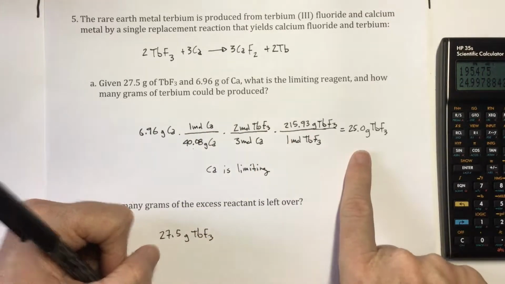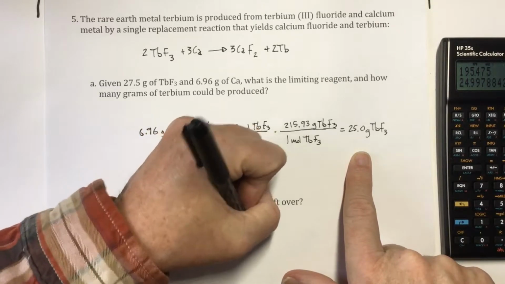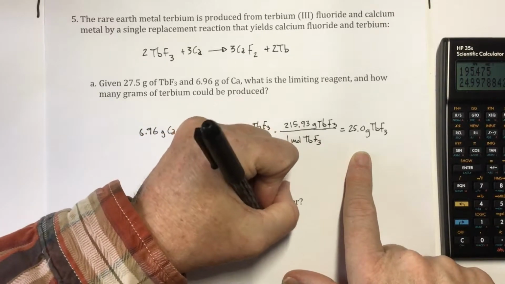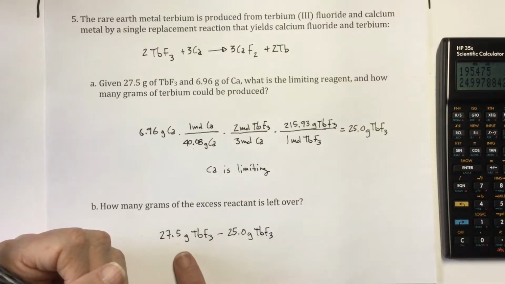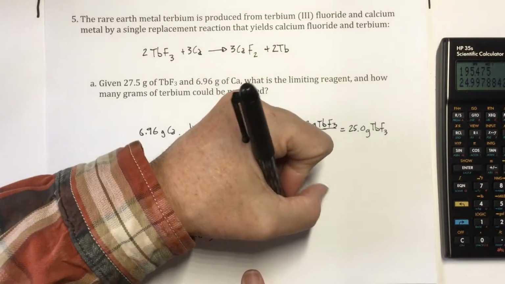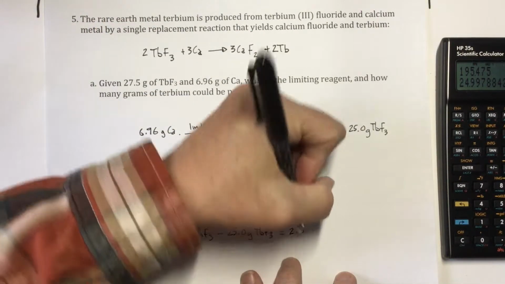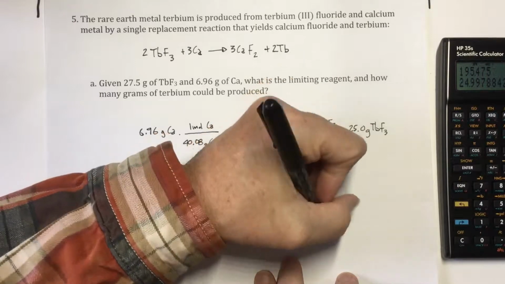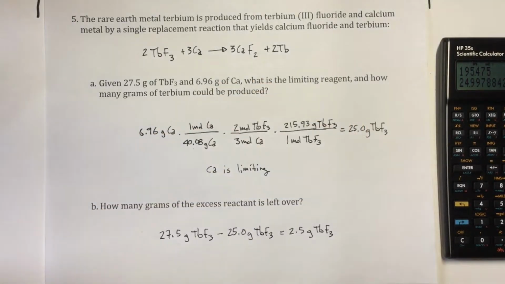Because calcium is limiting, I will only use up 25.0 grams of terbium 3 fluoride. So to find out how much of the terbium 3 fluoride is left, I just take how much I started with minus how much got used up. And that, of course, is going to be 2.5 grams of terbium fluoride.